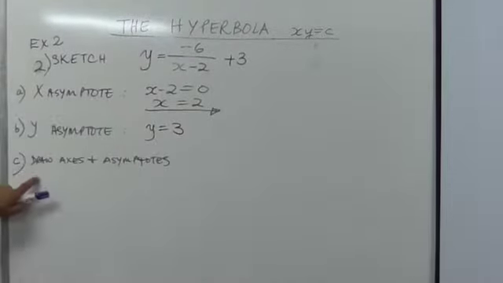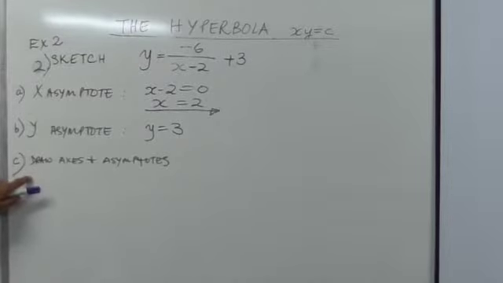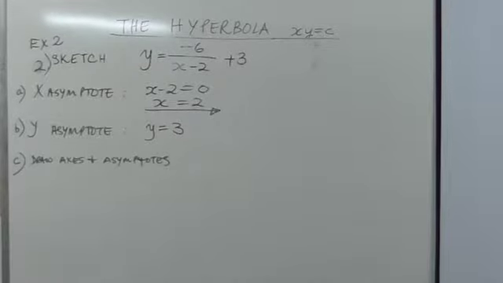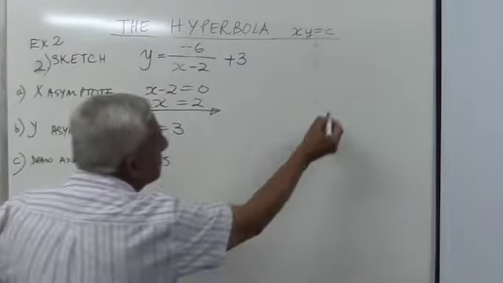Now we come to step 3 or C. Draw the axes and asymptotes.